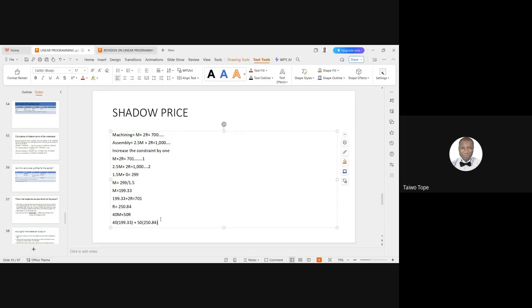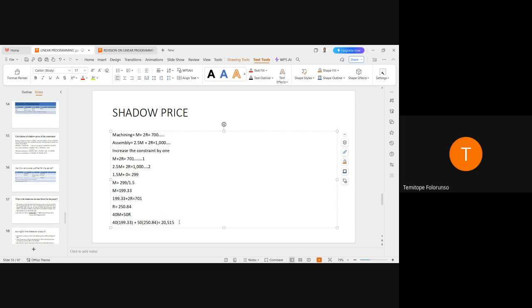So when you compute this, what will be the new contribution? Based on this unit produced, when you increase it, okay? 20,515.2. So what is the existing highest contribution?